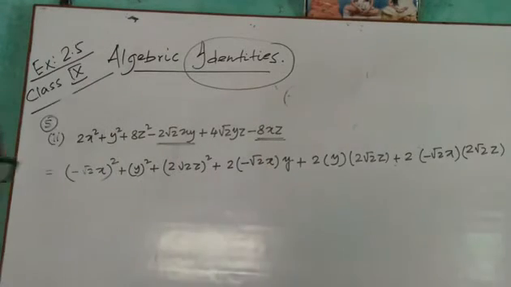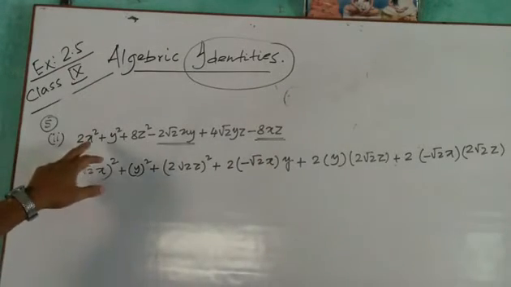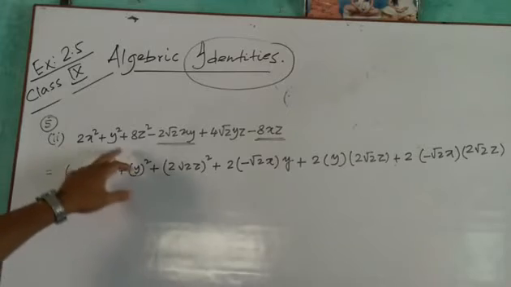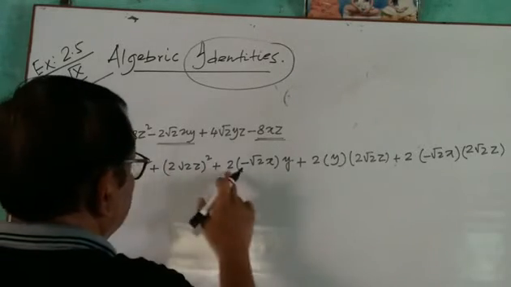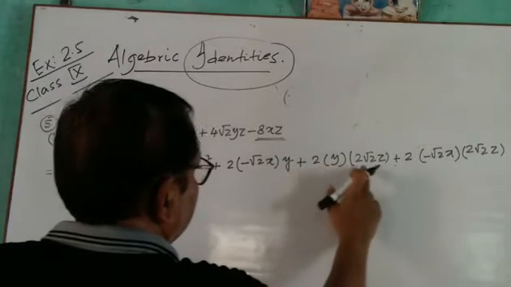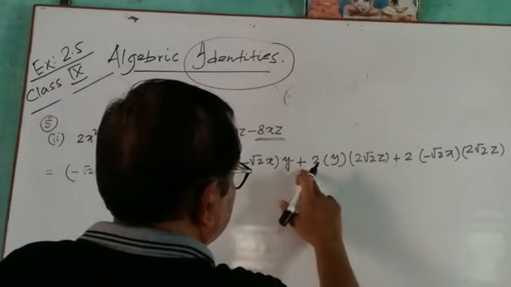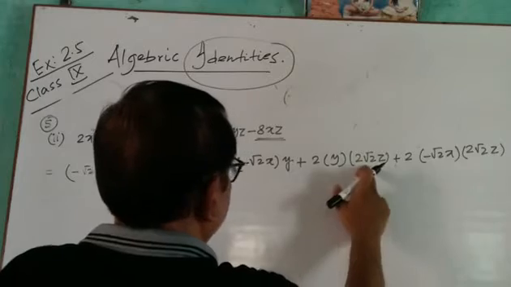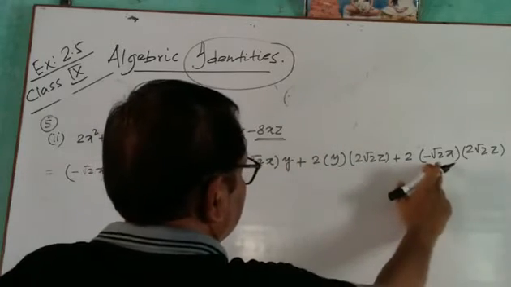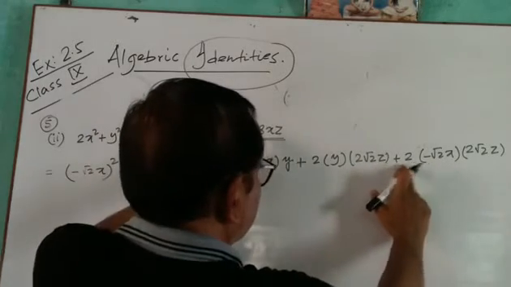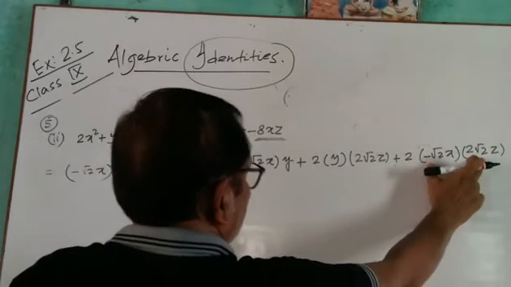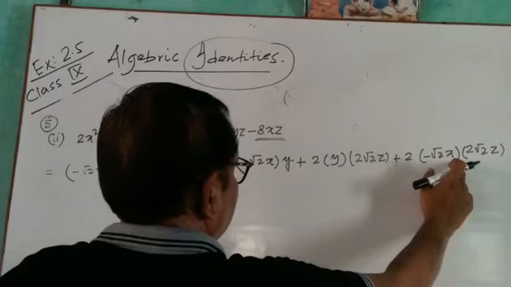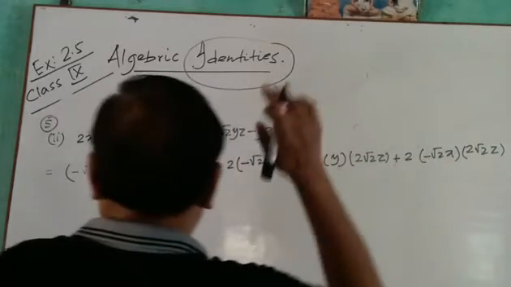Now see, (-root 2 x) square will give us 2x square, y square, 8z square, minus 2 root 2 xy, this will be plus 2 twos are 4 root 2 yz, and minus 2 into 2, 4 into 2, 8, it will be xz.